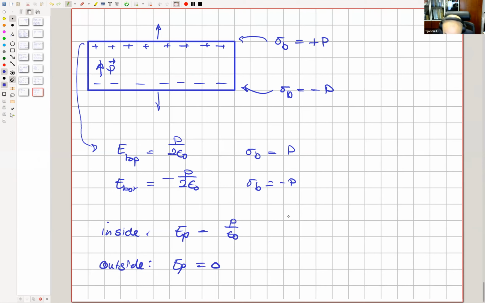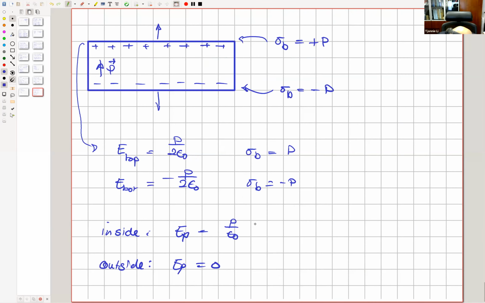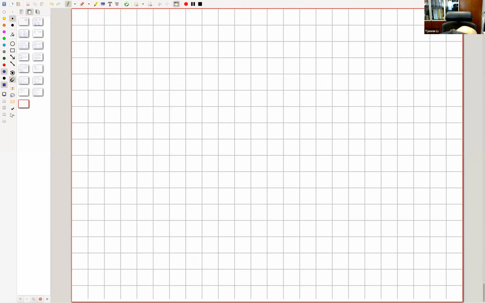The total electric field, which is basically what we considered when we did the calculations here, is now the total electric field. So now E equals E naught plus E.